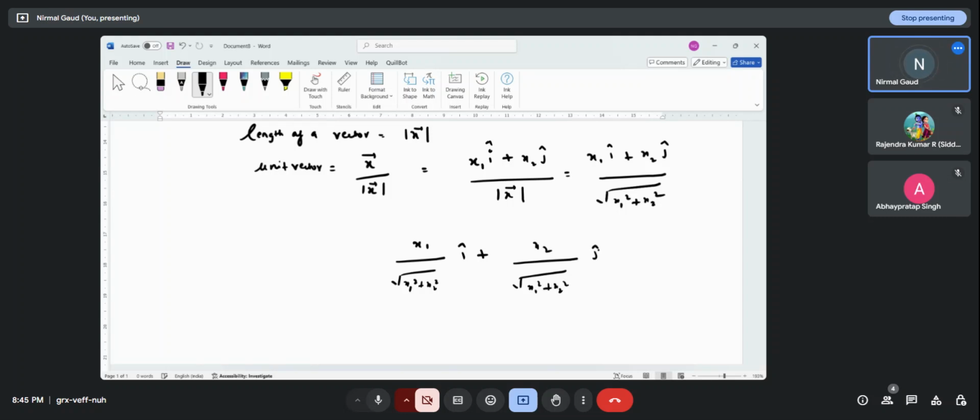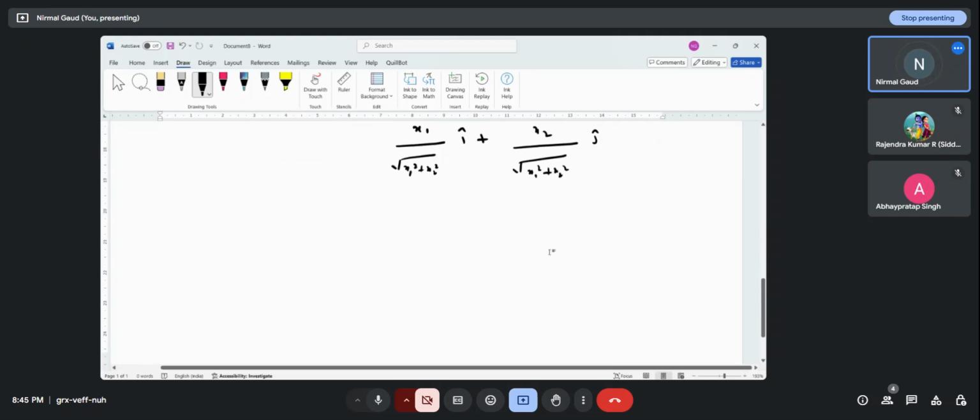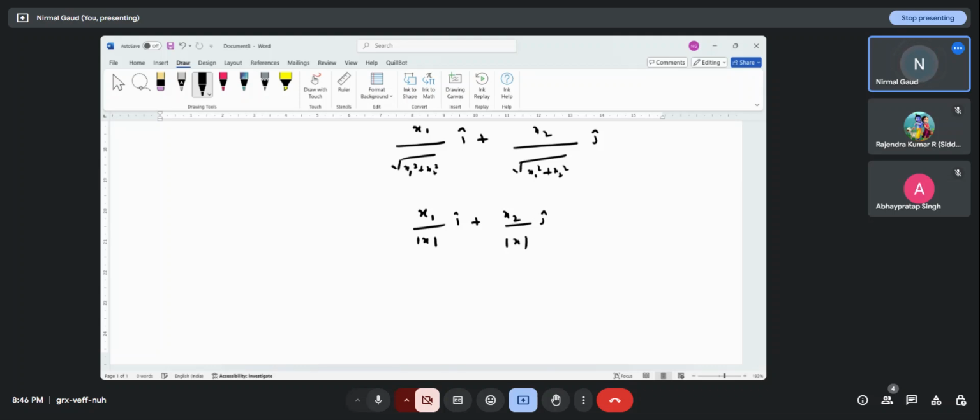That's what I can do. Or you can write it like this: x1 upon mod of x i cap, x2 upon mod of x j cap. That means the length of the vector, and we are having the individual values.